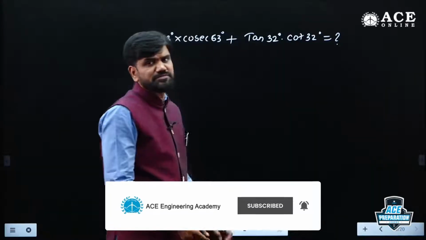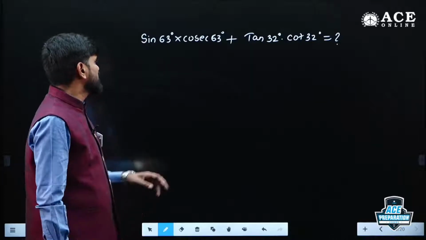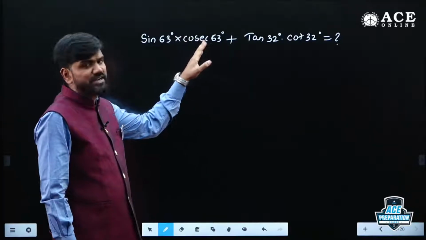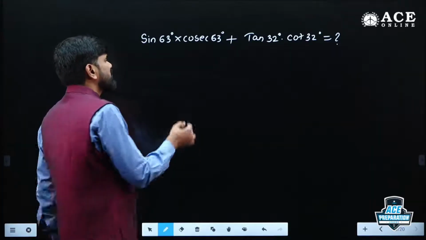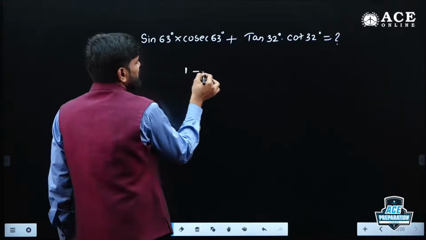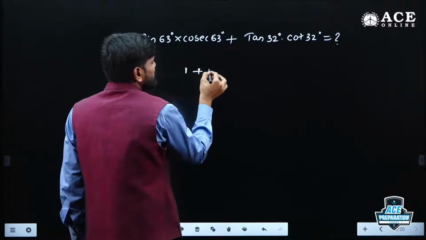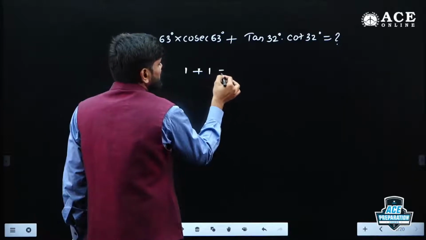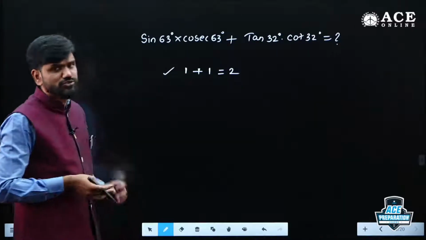Like that they will say, right? So if you check, it is looking like sin theta into cosecant theta. Sin theta into cosecant theta will be giving you a product of how much? 1. Similarly, tan 32 into cot 32 will also be giving you as how much? 1. So together it is adding up to 2.